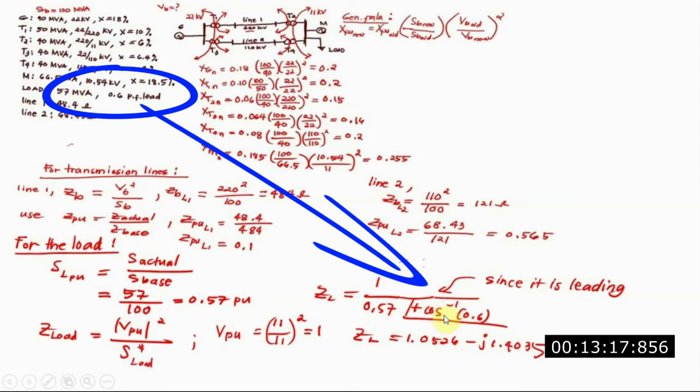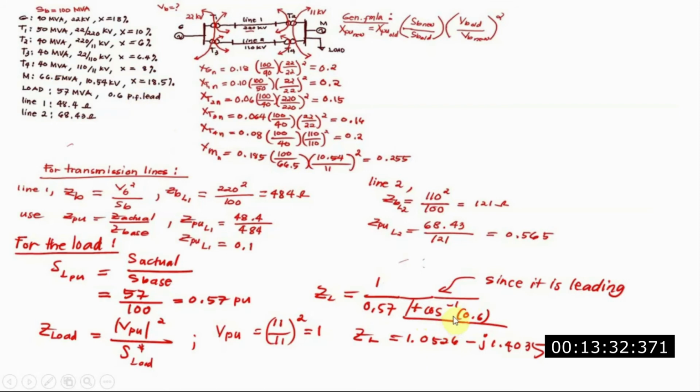If it is lagging, it should be positive. We know that when we have a negative angle for the load, it is leading, it is more capacitive. If it is positive, then this load should be lagging, but it is leading, so this will be negative.